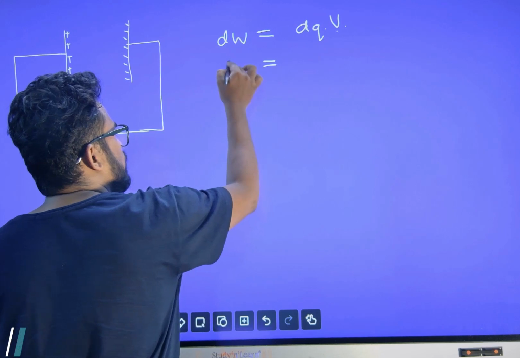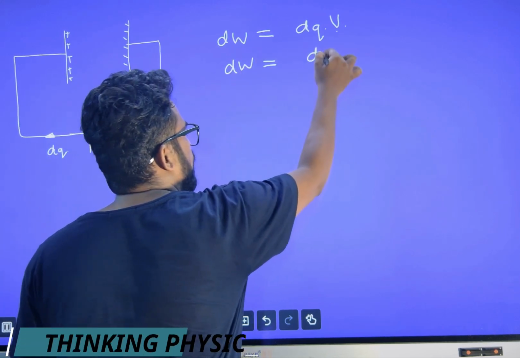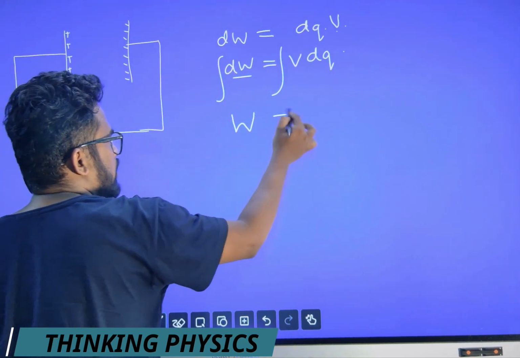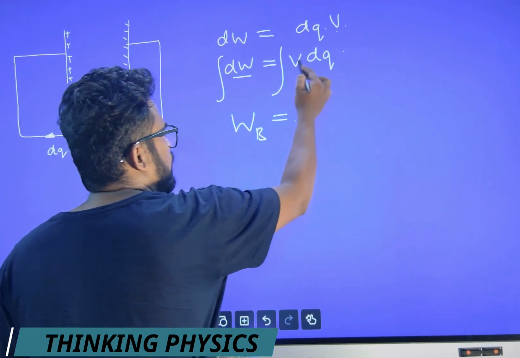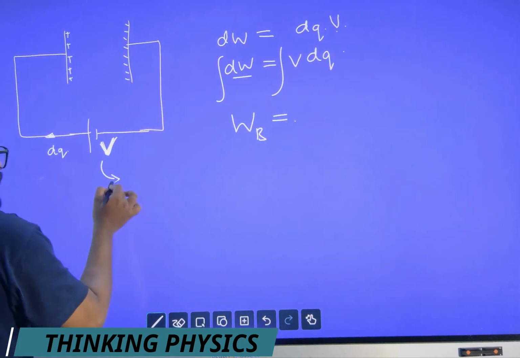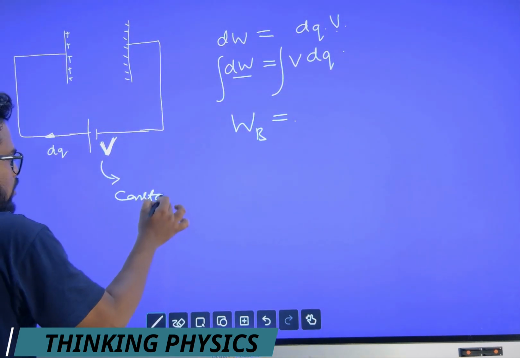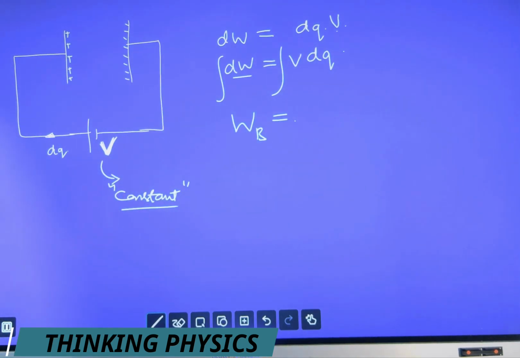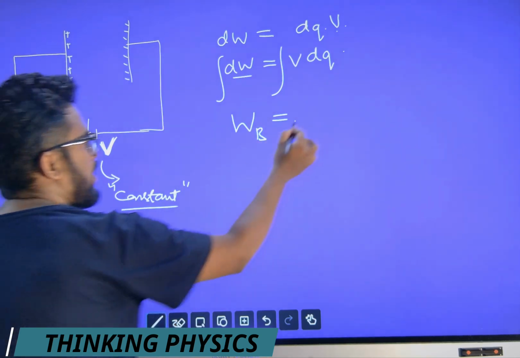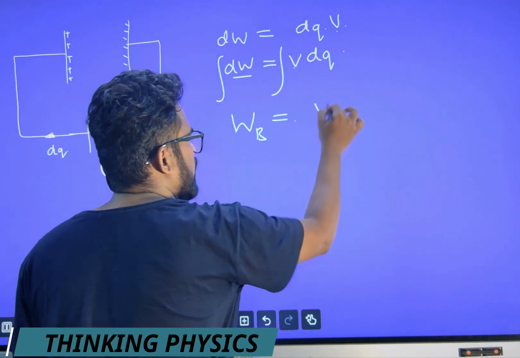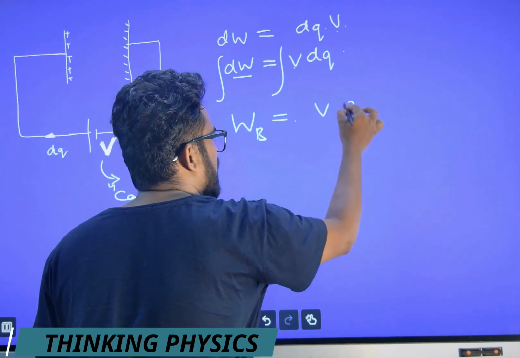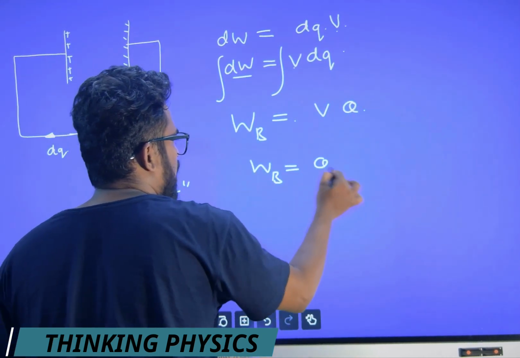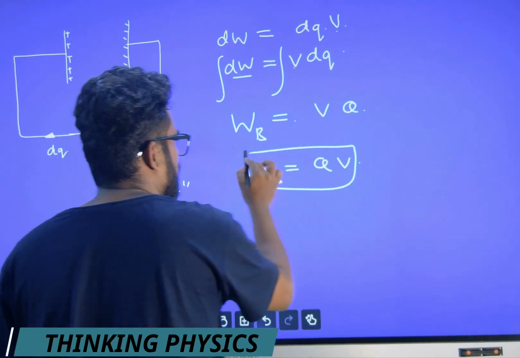So we write dq times potential V, integrate both sides, and that would be the total work done by the battery. Potential of the battery throughout the process is constant. So work done by battery would be, potential comes outside, dq becomes q. So work done by battery is simply charge into potential.